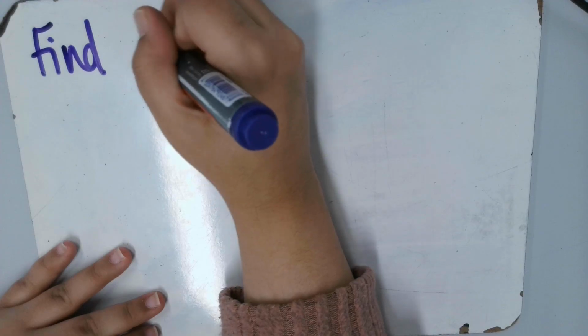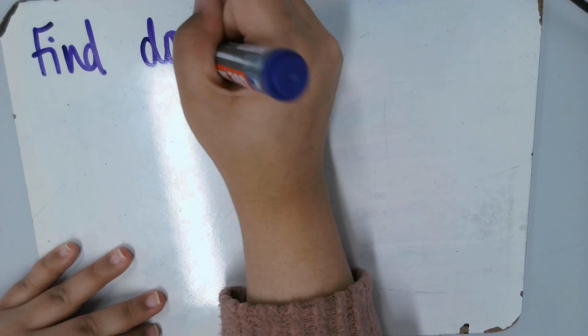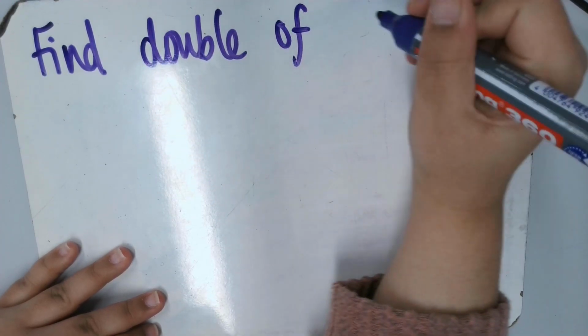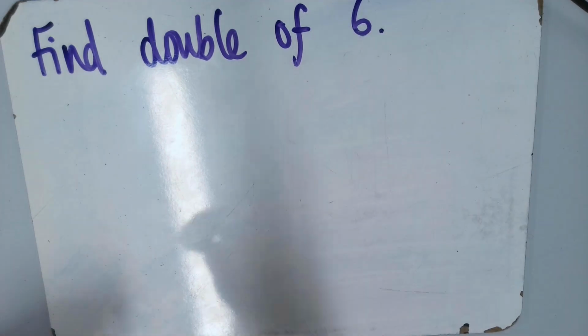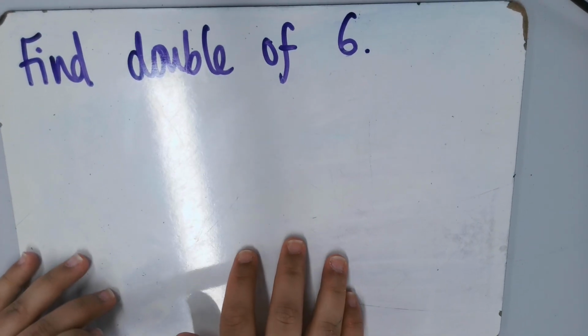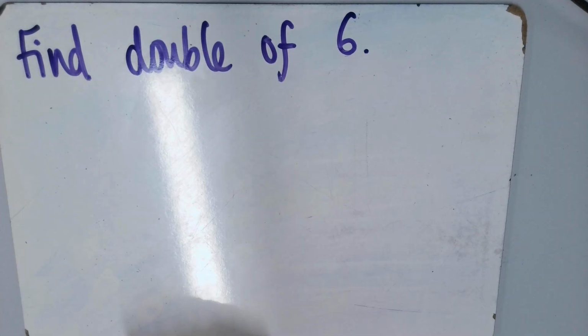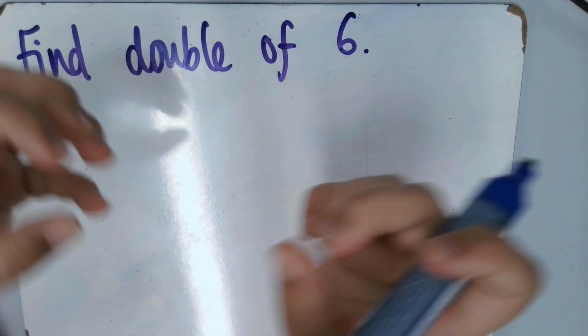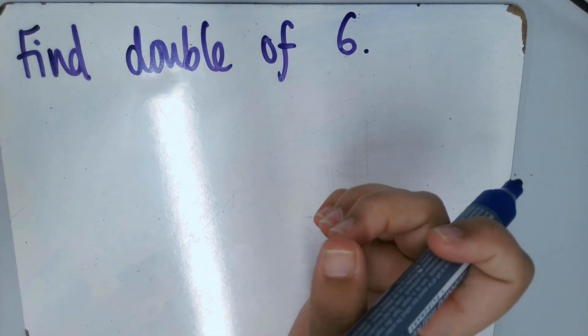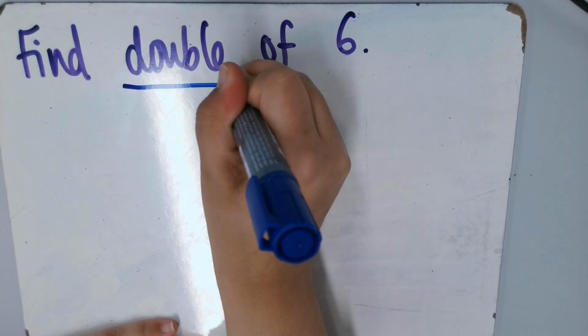This time, I've been given a different question. I want to find double of 6. Now, we've looked at halving, and we said halving is dividing by 2 or sharing into 2 equal groups. Doubling is the opposite of that.